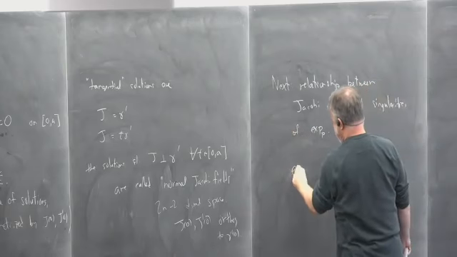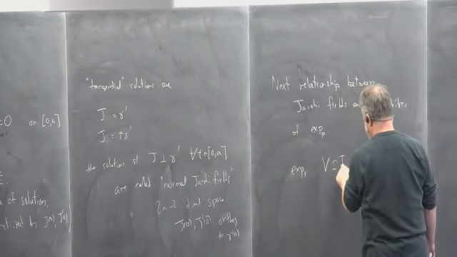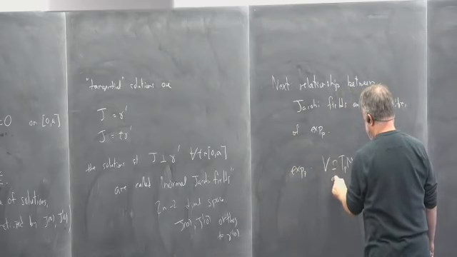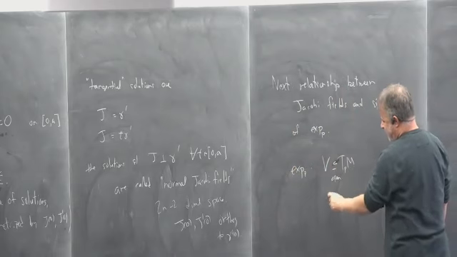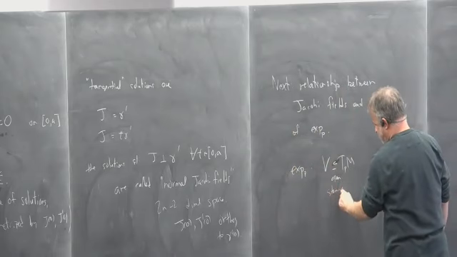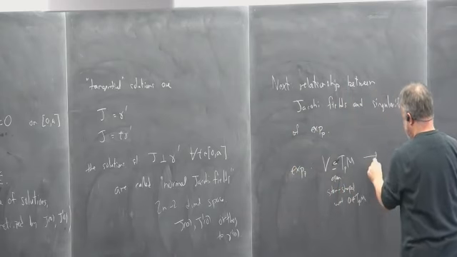Recall that exp_p is defined on some open set in T_pM, which is star-shaped with respect to the origin, and it maps into M, and it's smooth.